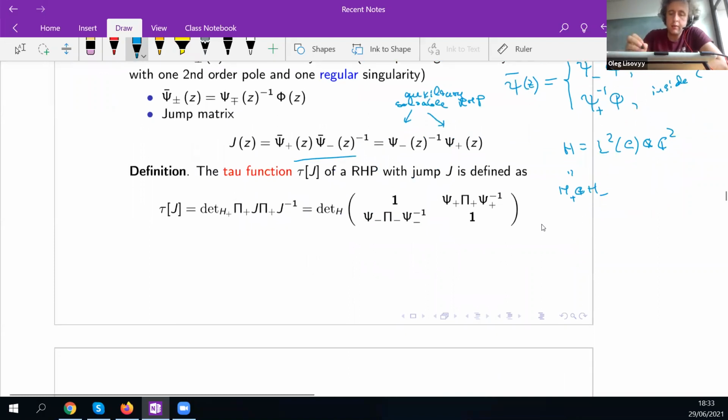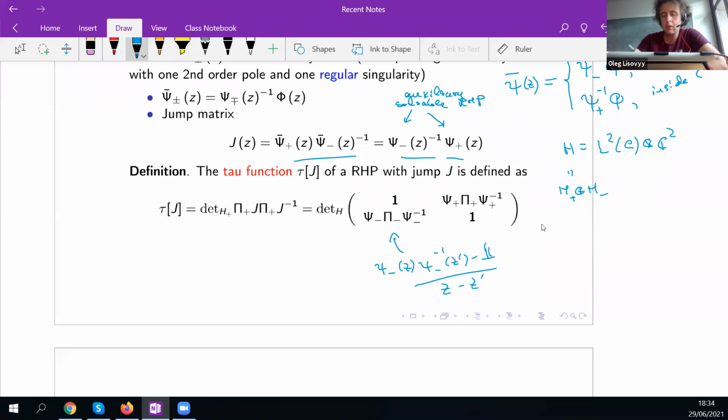And so in principle, the definition of tau requires only the knowledge of the jump matrix. But now, if in addition we have one of these factorizations, we can rewrite the corresponding Fredholm determinant in this way. So what we have here are essentially some integral operators acting on vector valued functions on the circle, which have this integrable form.